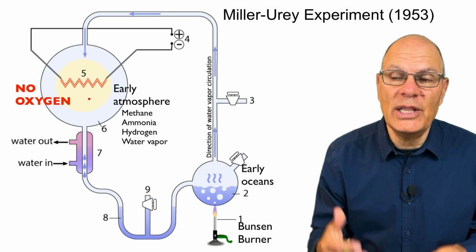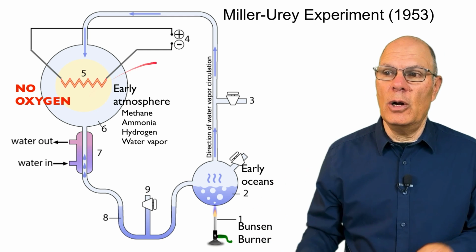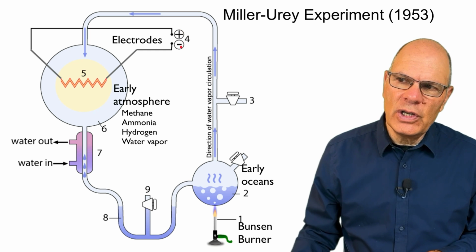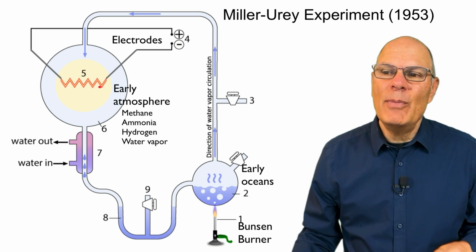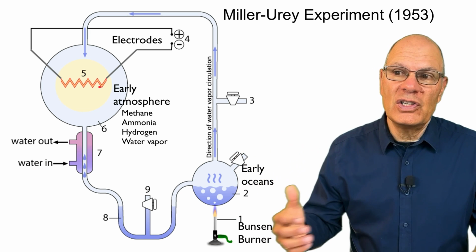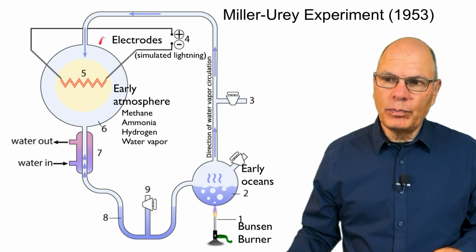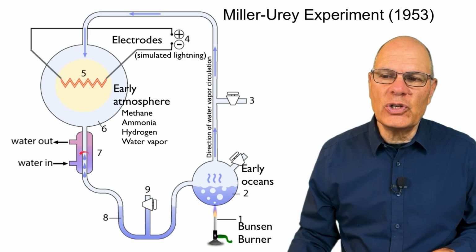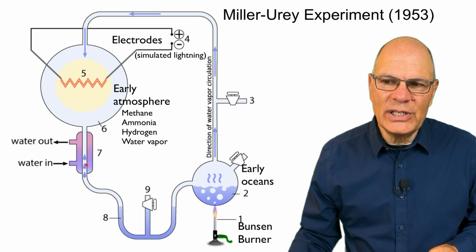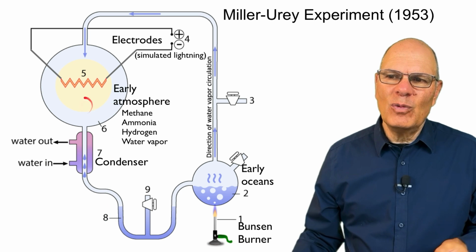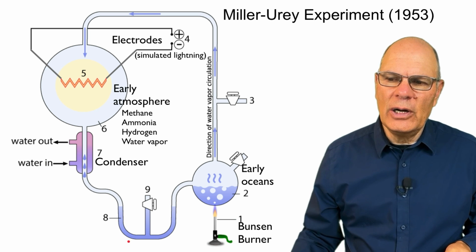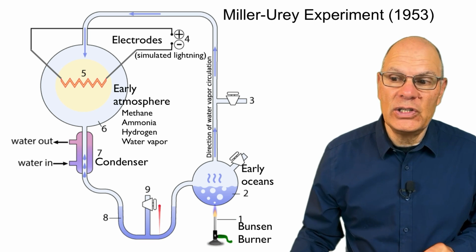It wasn't present in the atmosphere of the early Earth. There were electrodes, shown over here at number 4, by this plus and minus sign. And what they did is they produced sparks, which simulated lightning. The gases continued to circulate. They circulated through this condenser over here, and that caused whatever was formed in this chamber here to be caught within this trap.